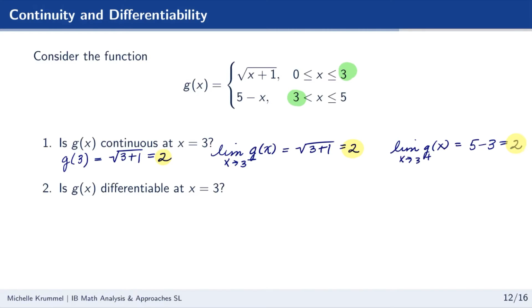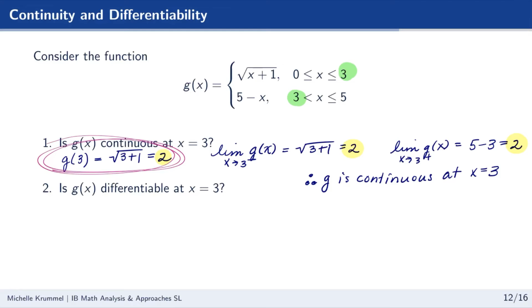Excellent. All 3 are the same value. So we can say yes, it is continuous. G is continuous at x equals 3.